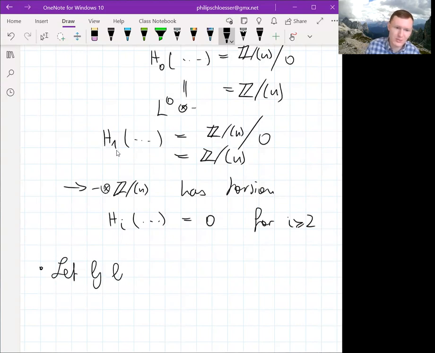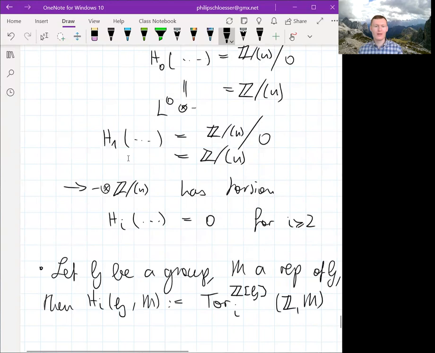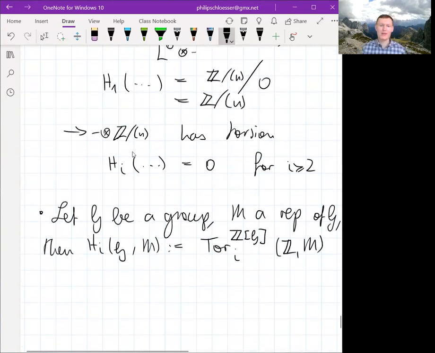So let G be a group and M a representation of G. Then we can define the ith homology group to be Tor_i over the ring ZG of Z and M. So now we are dealing with the non-commutative group algebra with coefficients just in Z. Since M is a representation of G, we can naturally turn it into a ZG module.